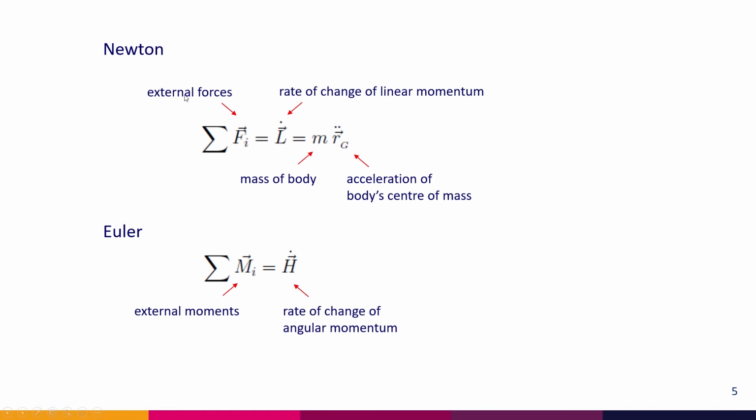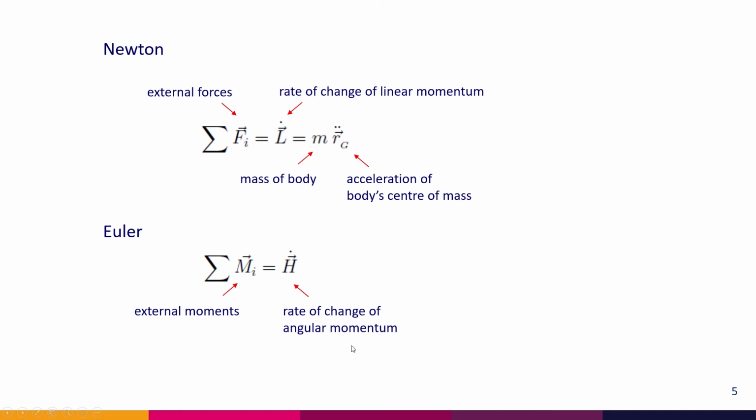So for Newton, we had forces, and for Euler, we have moments. And the moments are the turning effects of the forces. So the forces that cause a body to rotate. And on the right-hand side, we had the rate of change of linear momentum, and down at the bottom, we have the rate of change of the angular momentum.